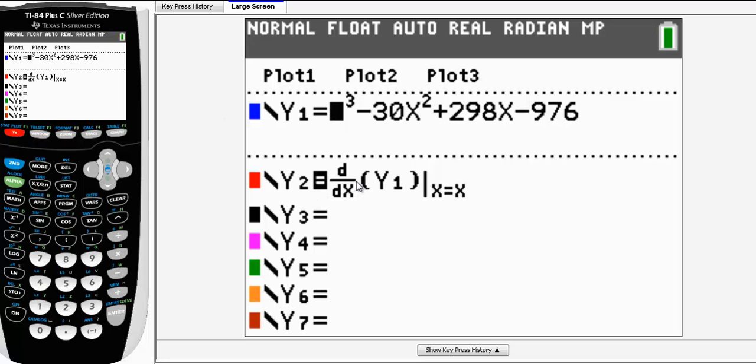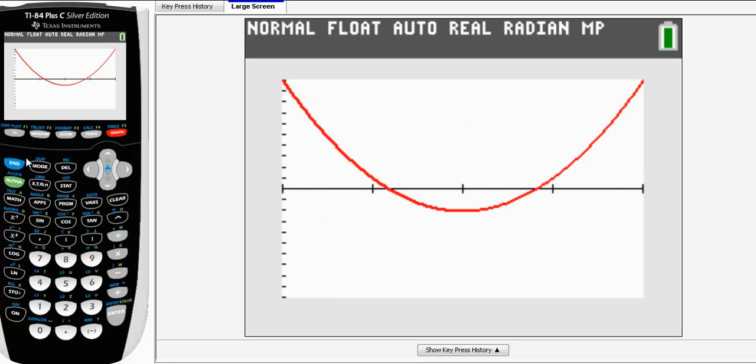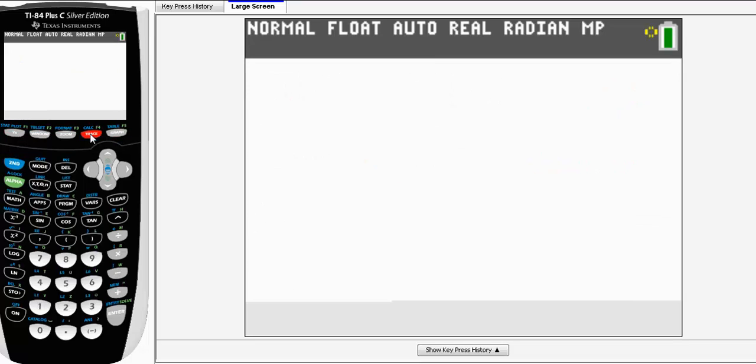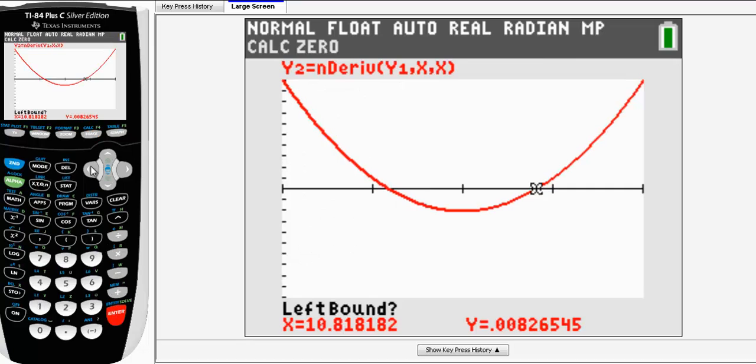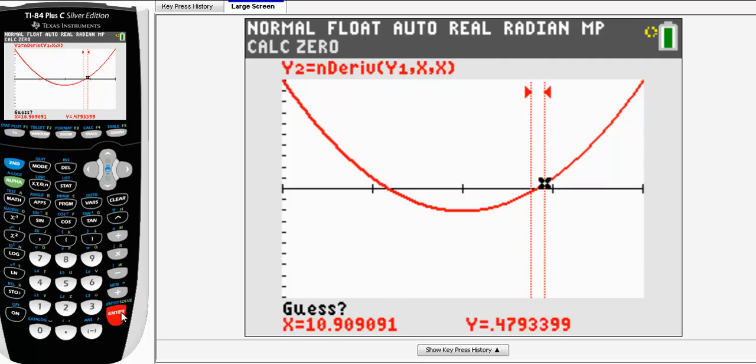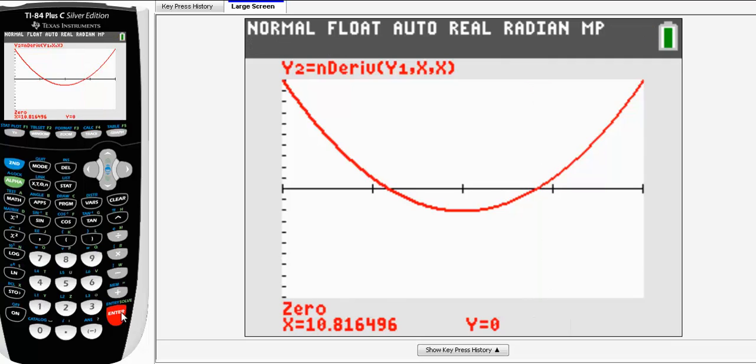My y2 is the derivative of the function, and if you notice, my equal sign is not highlighted, so we're not going to graph the first one, we're only going to graph the second one. And by using the 0 function of the calculator, I'm only going to do one of them. I can calculate both zeros. Okay, so this is my one, and there's another one over here.